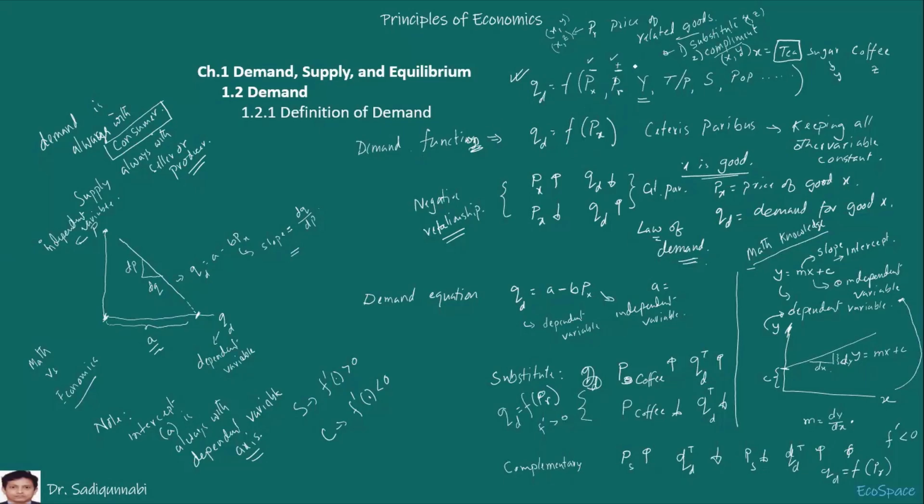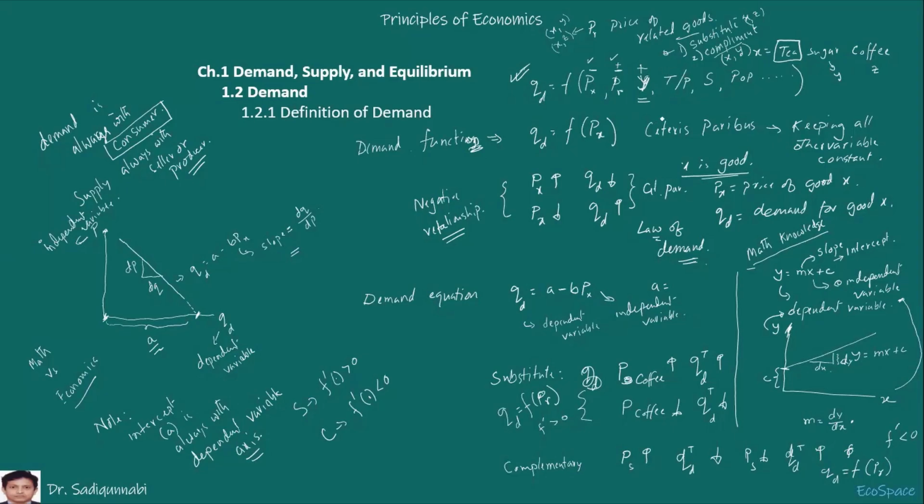Y is for income. So if the income of the consumer increases, does the demand for good X increase or decrease? Demand will be positive. Why? Because when you have more income, you are going to consume more tea, or more rice. So Y has a plus sign.